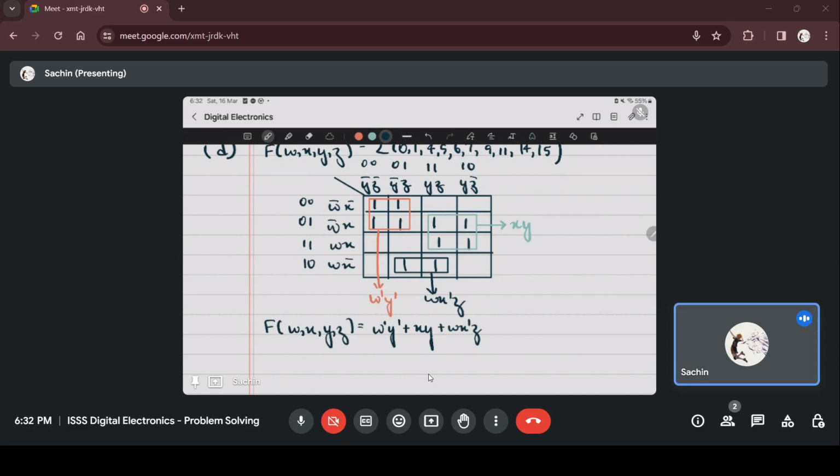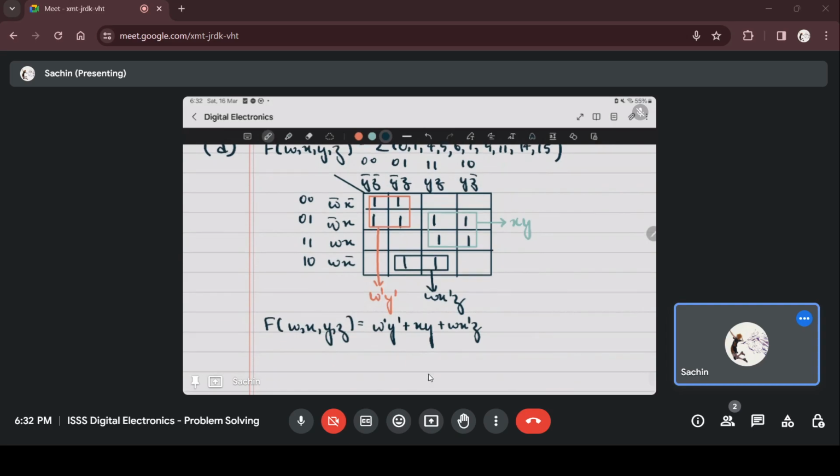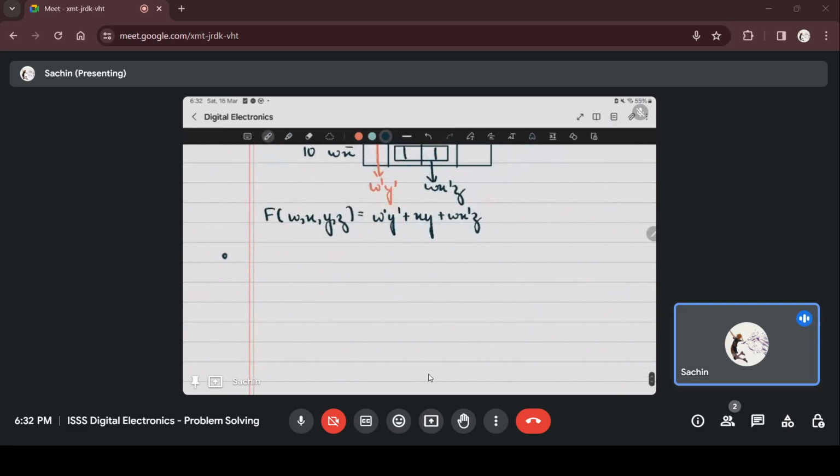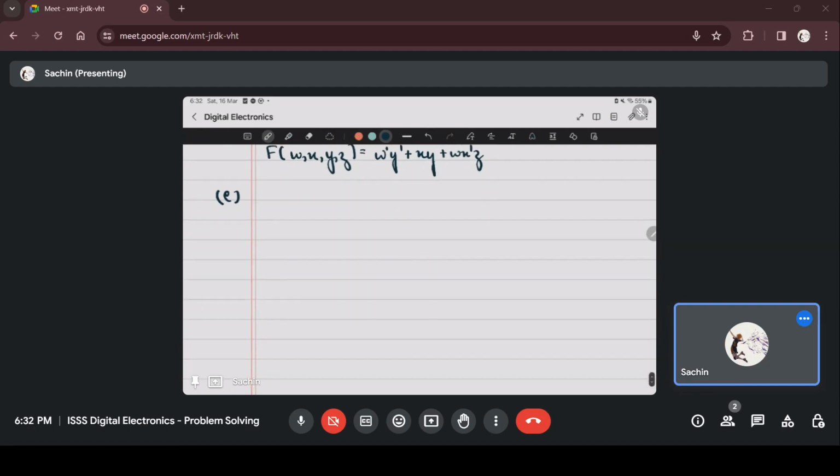I will follow that pattern for the remaining parts also. Alright, next moving on to part E. F of ABCD is summation 0, 1, 3, 7, 8, 9, 10, 13, 15.